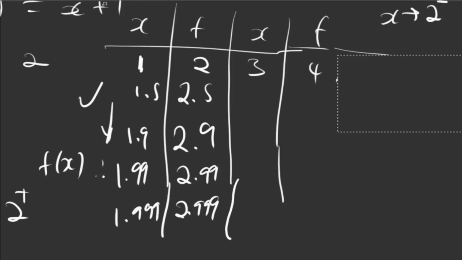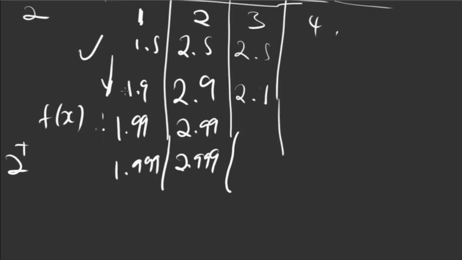Now what about when x is 2.5? What about 2.1? What about 2.01? 2.001.